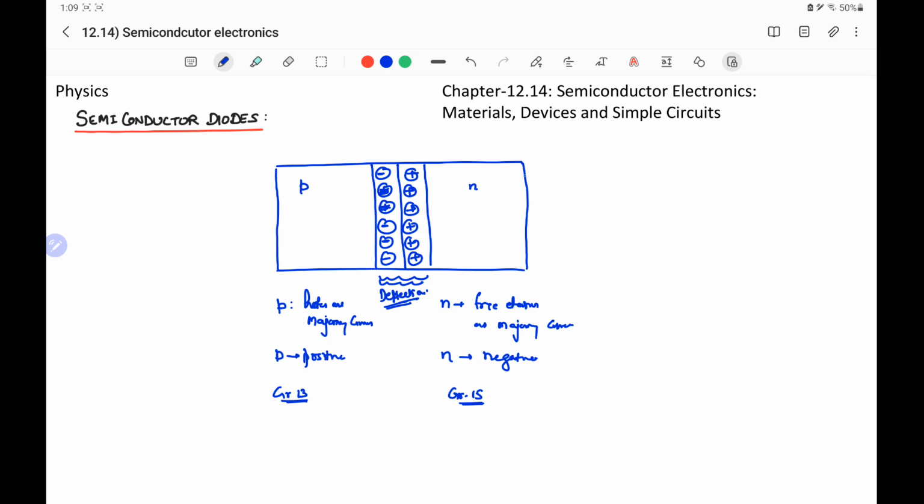To connect the semiconductor diode in the circuit, there is a metallic contact through which this semiconductor is connected into the circuit.